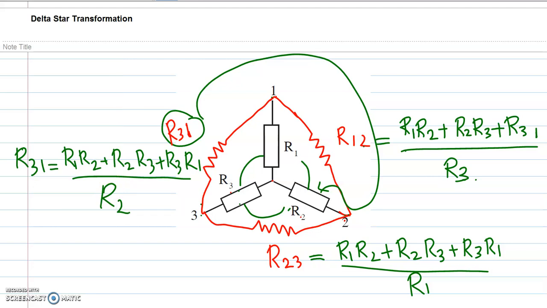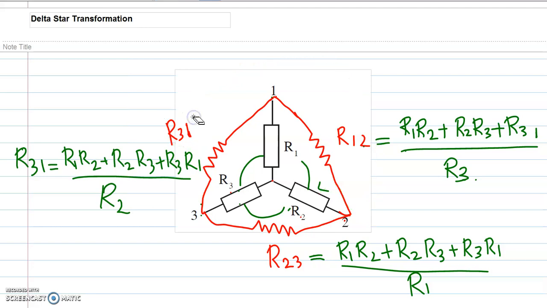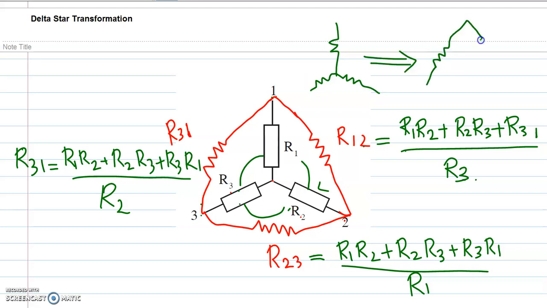For finding all these, you don't need to learn the formulas by heart. You just need to understand that while converting a star connected system to a delta connected system, in the numerator we have the sum of the products of adjacent resistances, divided by the resistance on the other side of the equivalent delta system.